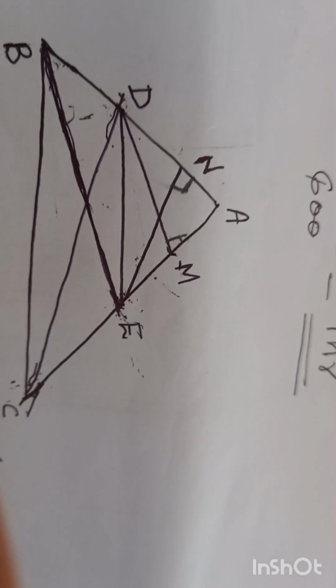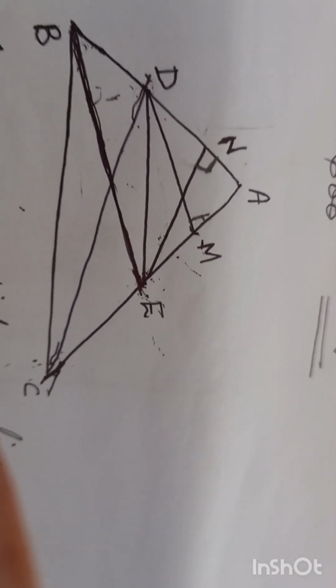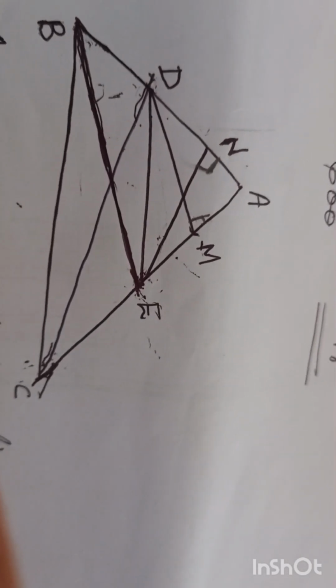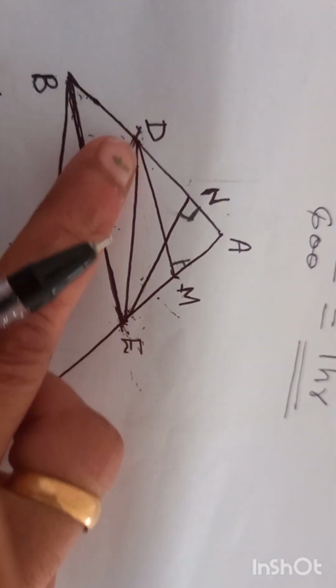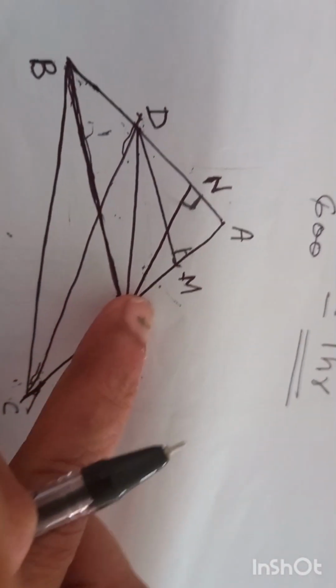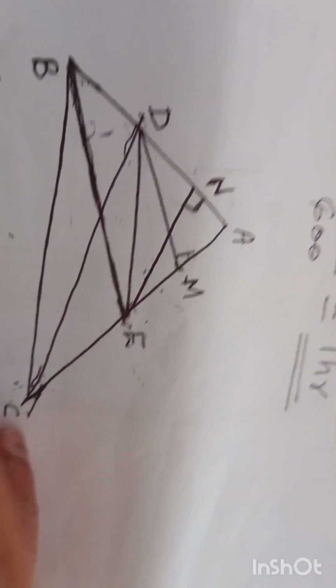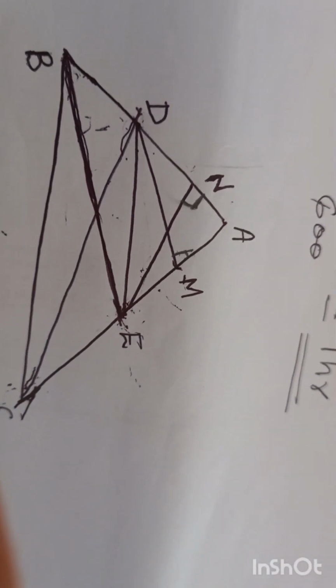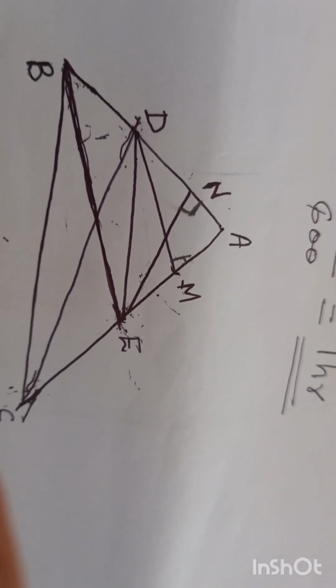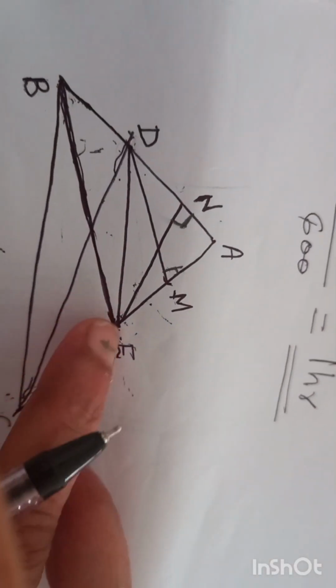is equal to half into, if you consider this triangle DEC, what is the base over here? Base is EC. What is altitude over here?